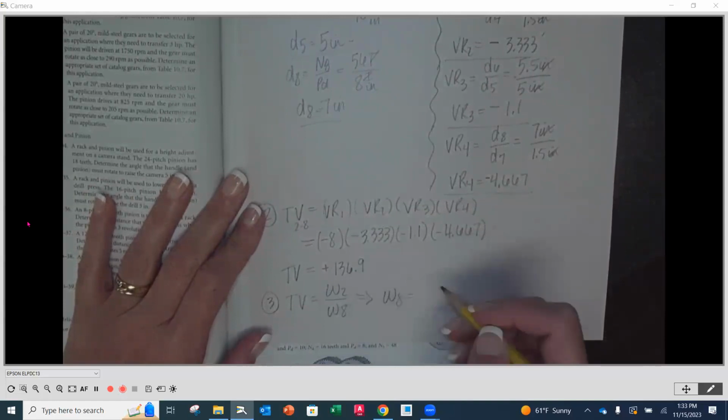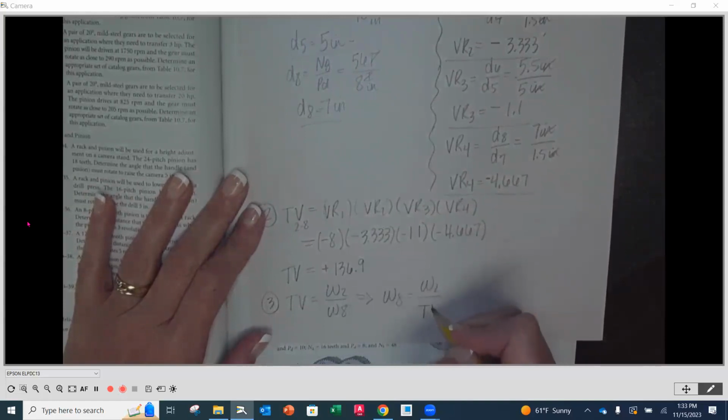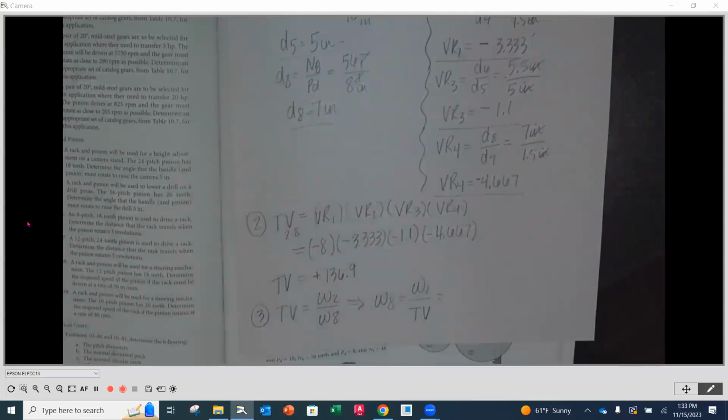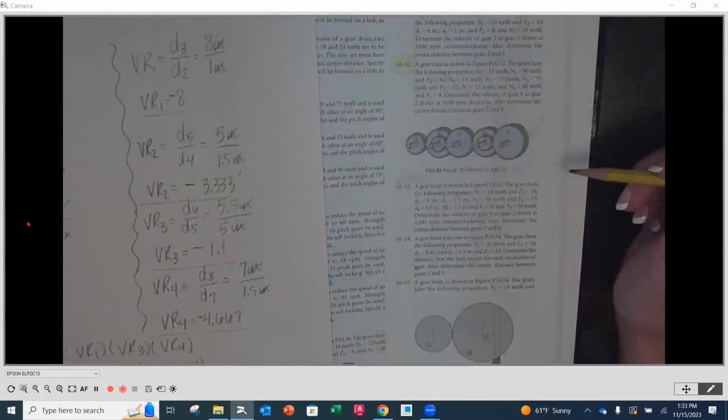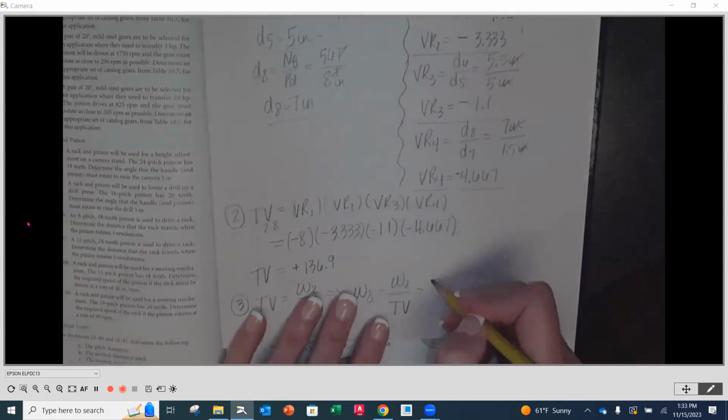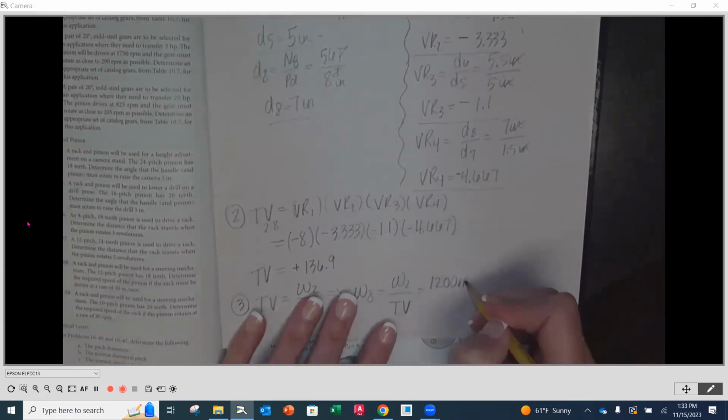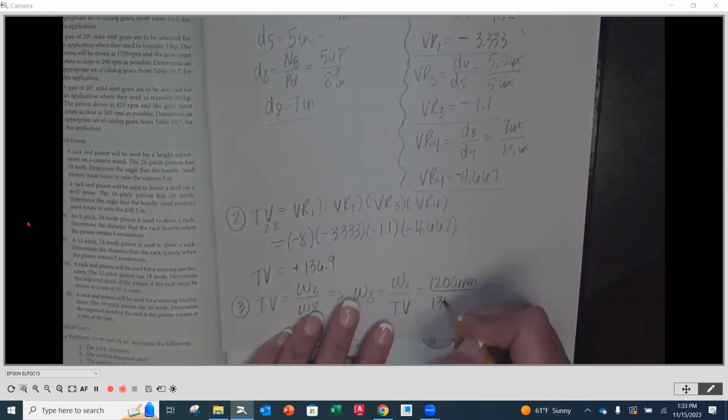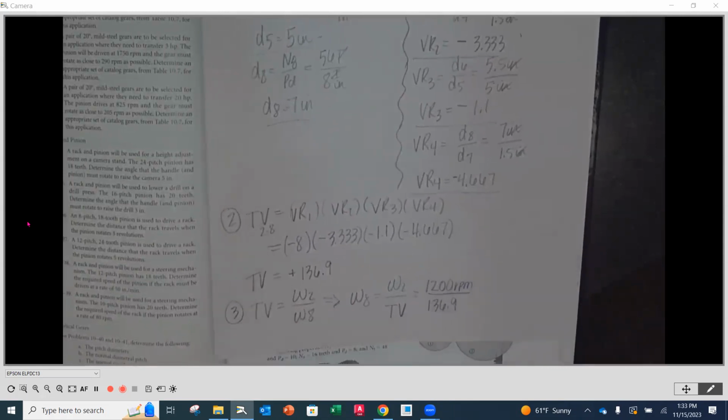So W8 is going to be equal to W2 divided by our train value. So you leave it as RPMs, and then we're dividing by that train value, which is unitless. So we end up with RPMs for W8. That's exactly what we want.